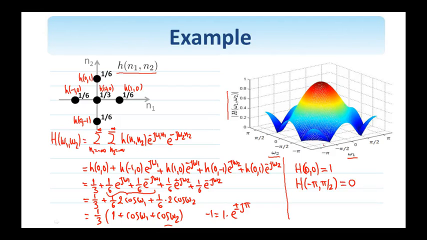This is actually the frequency over here, right? So by and large, this is a low-pass filter. It passes the 0 frequency unchanged, attenuates slightly the low frequencies, but as the frequencies increase, the attenuation becomes greater.